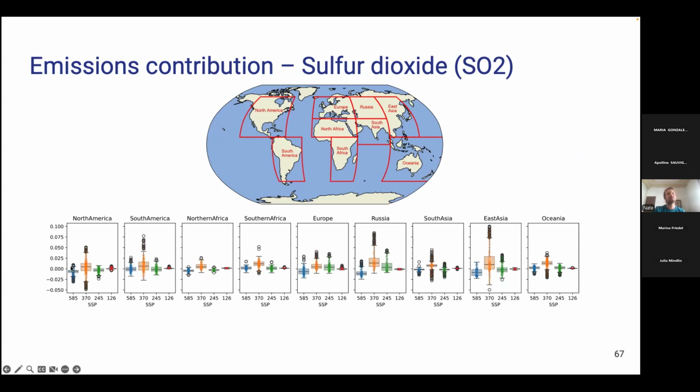And this time the whiskers, I think, are the first quartile or whatever is standard, when you use Python to plot these things with seaborn. Each color corresponds to a different emission scenario, and each of these box plots corresponds to a different landmass region.